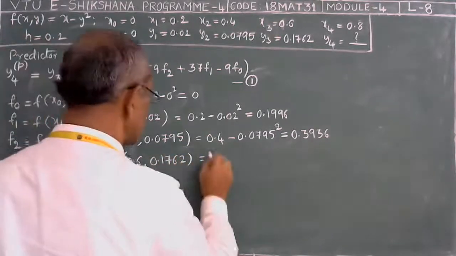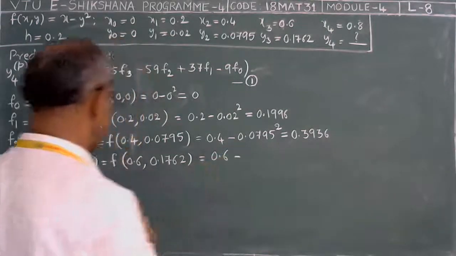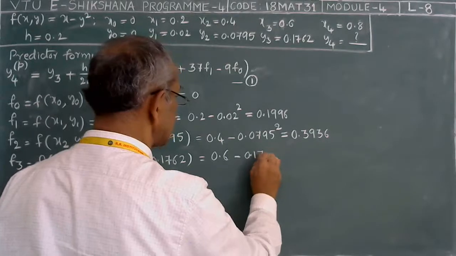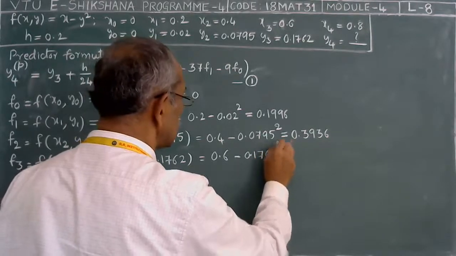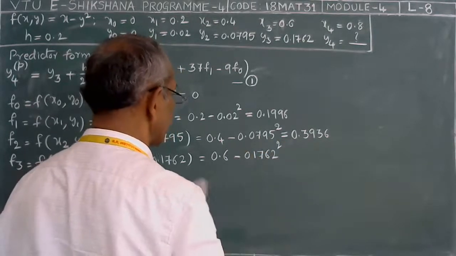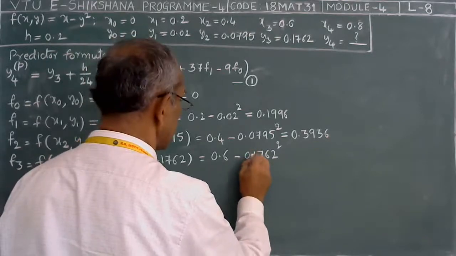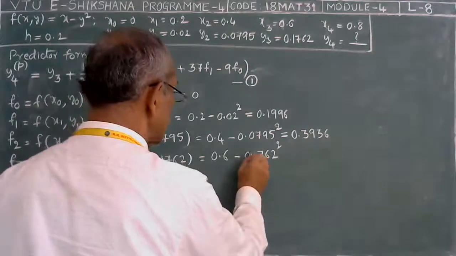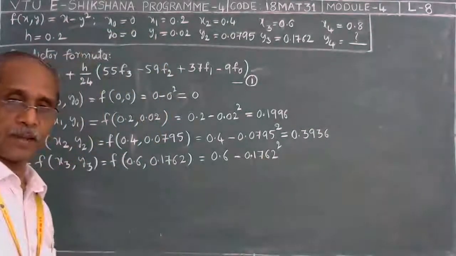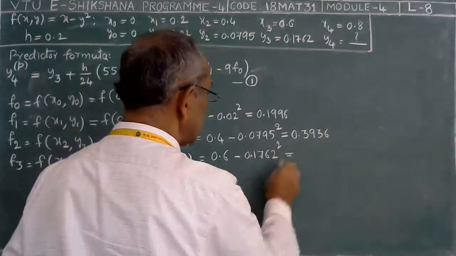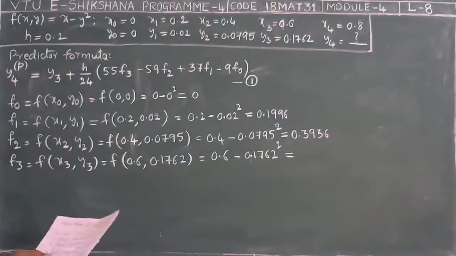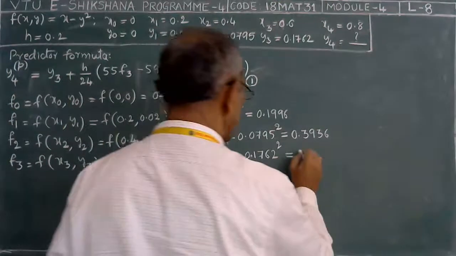So this is equal to 0.6 minus 0.1762 square. Okay. So if you calculate using calculator, you will get F3 is equal to 0.5689.